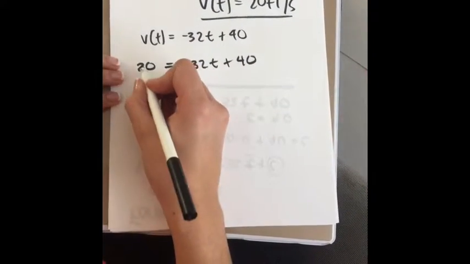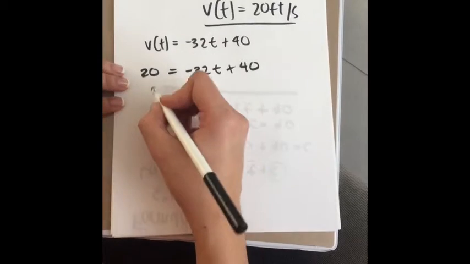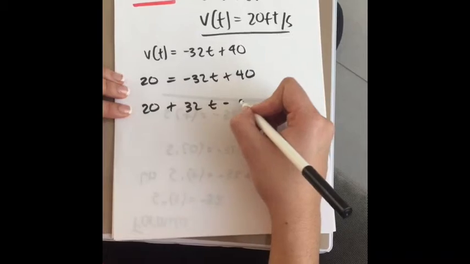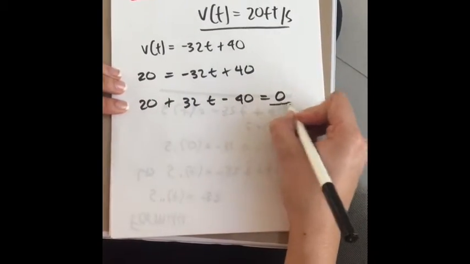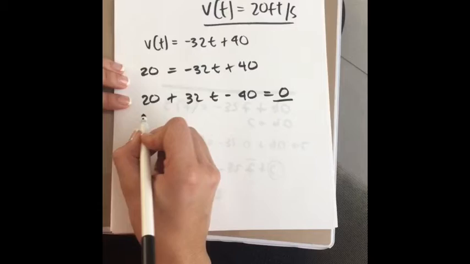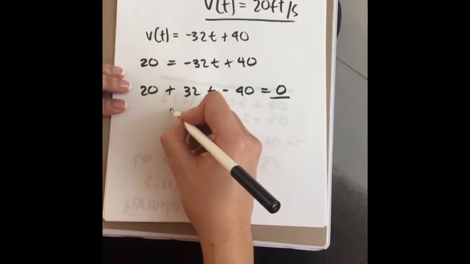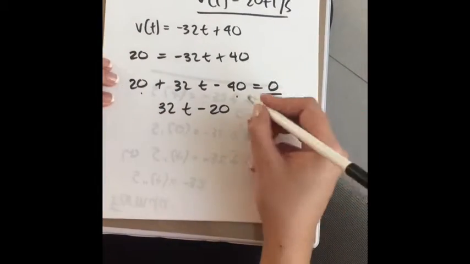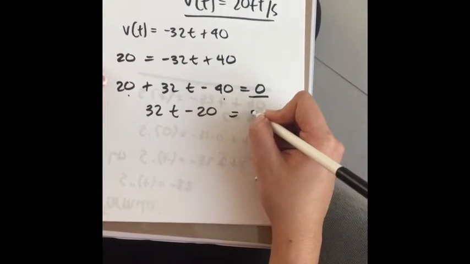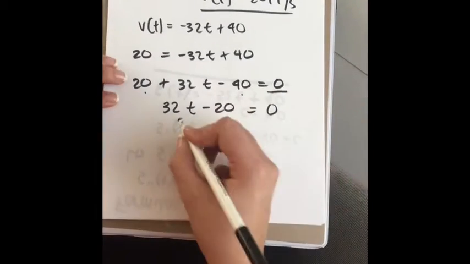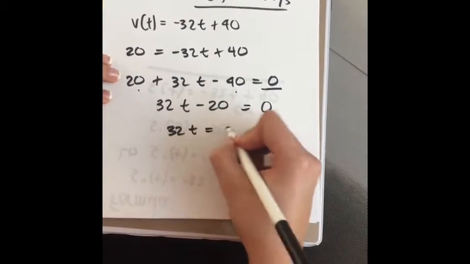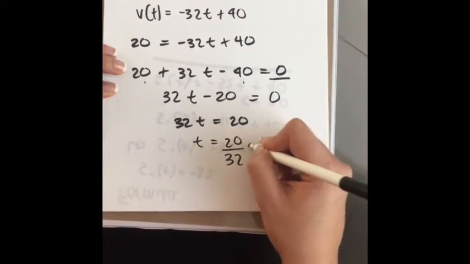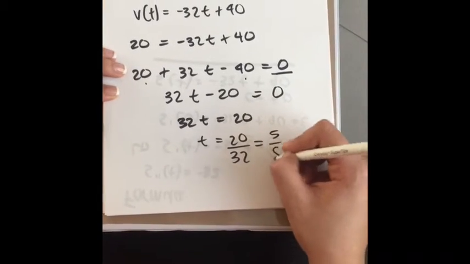Then we have to isolate, so minus 20, we set it equal to 0 so we can solve the equation. Now we have 32 time minus 20 because we did this minus this. So we equal it to 0, and then we can start isolating. 32 time equals 20, and then time equals 20 over 32, which actually equals 5 over 8.